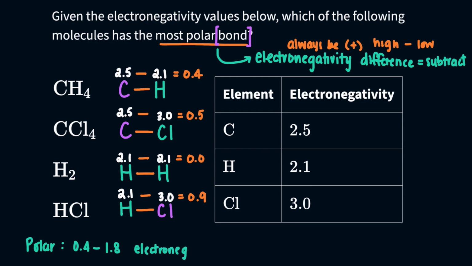So if you aren't even in that realm, you are not classified as polar. Right off the bat, you could start knocking off numbers. For example, this guy's big fat 0 would be classified as nonpolar. There would not be a pull. Everything is even Steven. Nobody won, nobody lost.